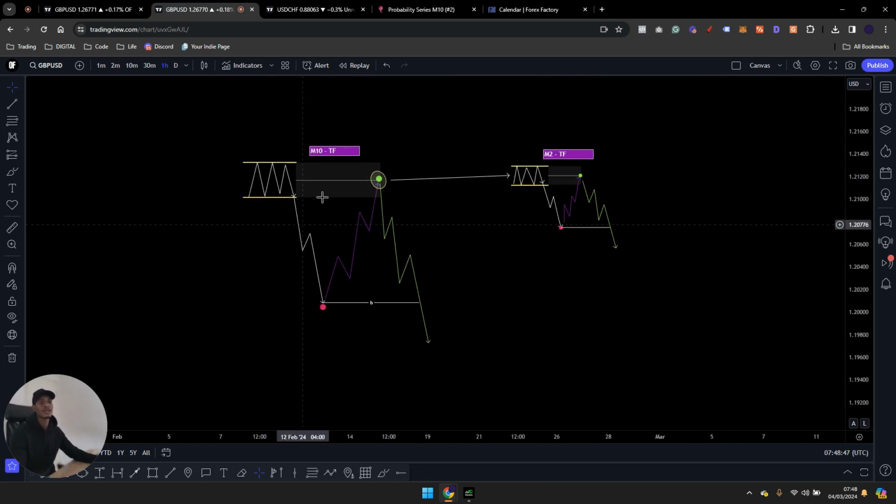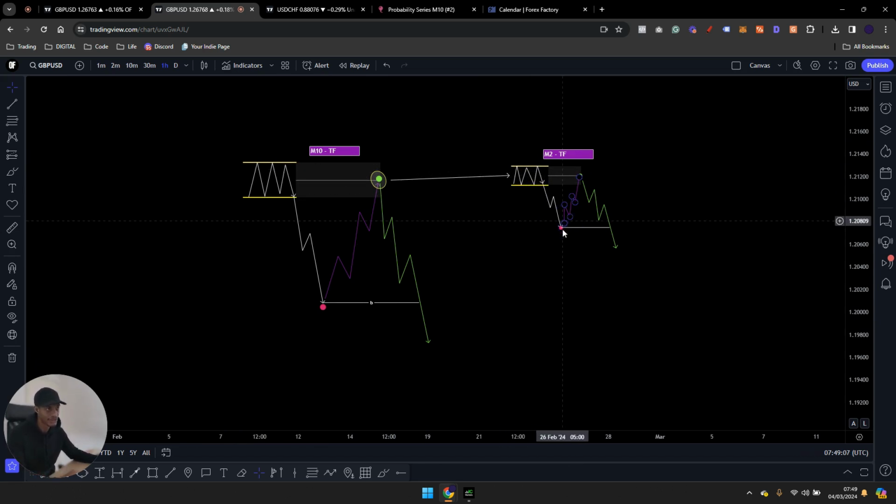is to, let's say you're trading on the M10, which I'm doing currently. I'm actually testing out the M10 and the M30, finding the M10 quite useful. We've got the range, we've got the expansion, we come back in for the mitigation. In this area here, we go down to the M2 time frame and we look for the exact same pattern.